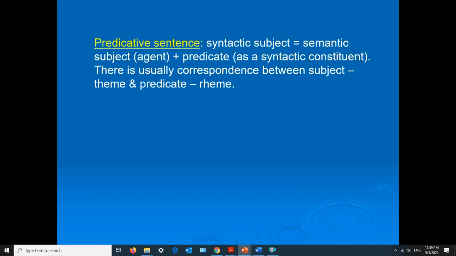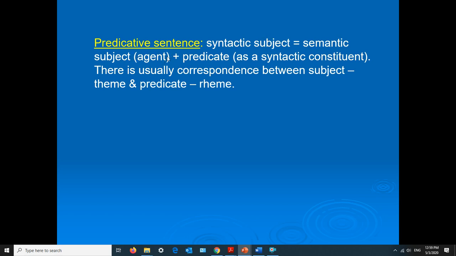So, a predicative sentence is a sentence whose syntactic subject and whose semantic subject coincide, in the sense that it is a syntactic subject located pre-verbally, and the semantic subject, that is to say the theta role, the semantic role associated with this syntactic subject, is that of agent.